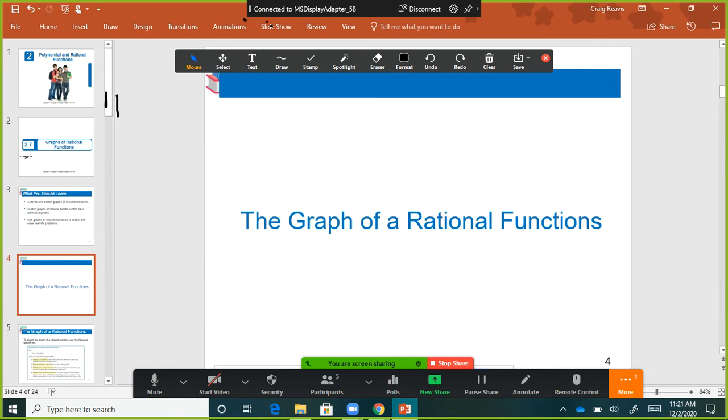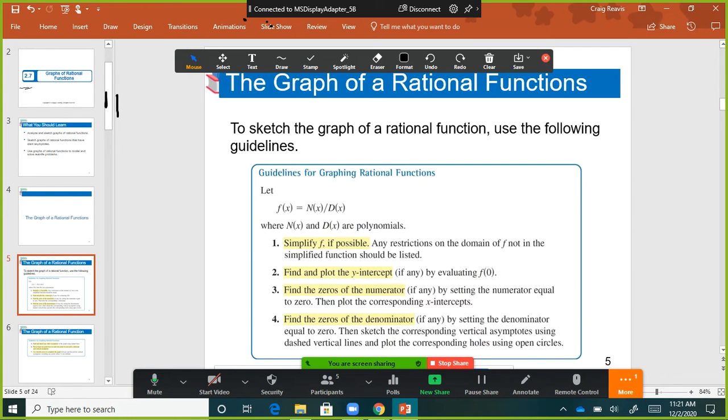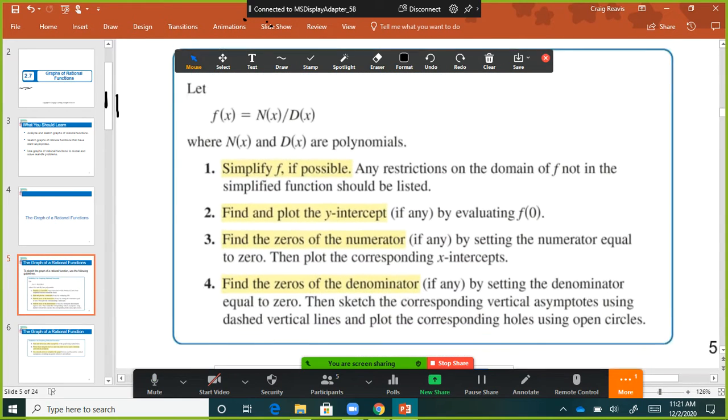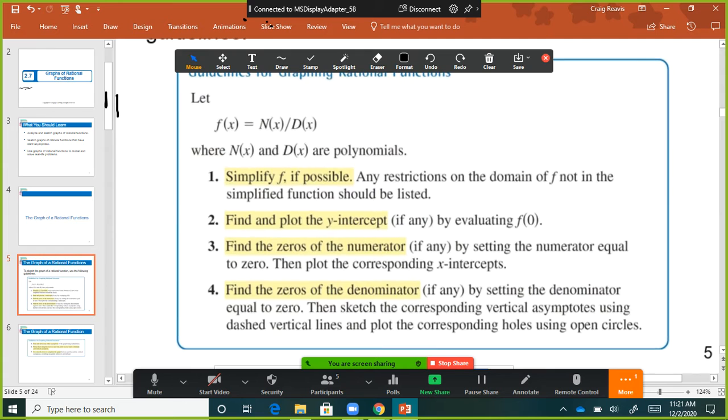So let's see what they have to say here. All right, so the guidelines for graphing rational functions, where we have n of x over d of x. So n of x is a polynomial, d of x is a polynomial. One thing we didn't do last time, I don't think, is we're going to try to simplify the function if possible, which means we're going to factor the numerator, factor the denominator, and then see if there's any factors that will cancel to make our function easier or simpler.